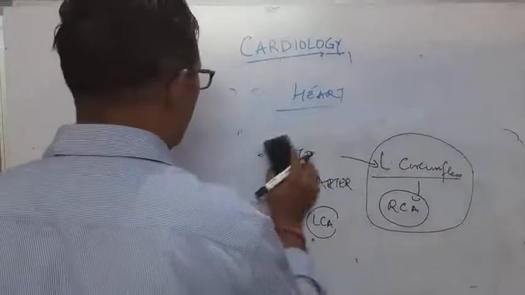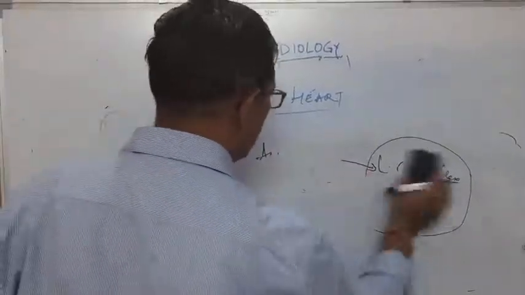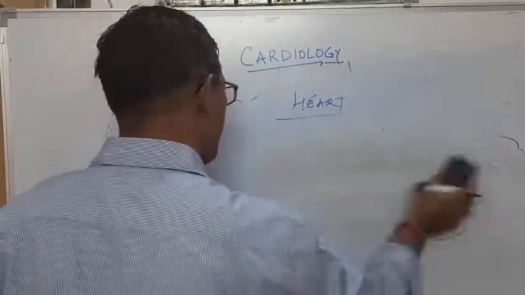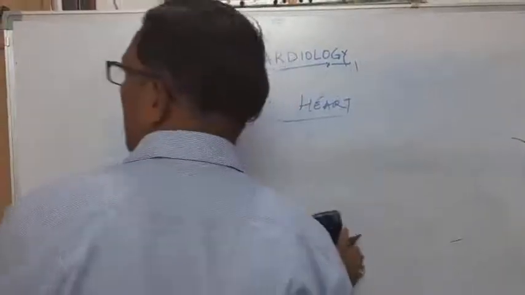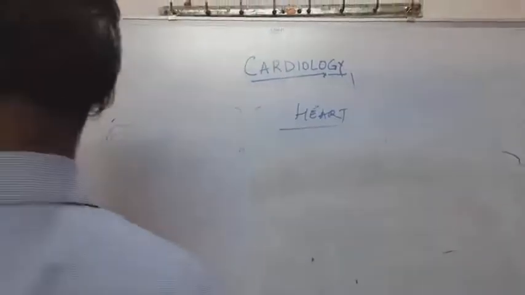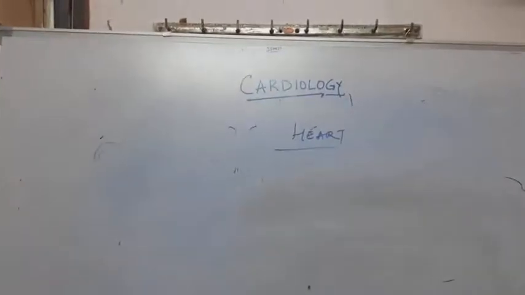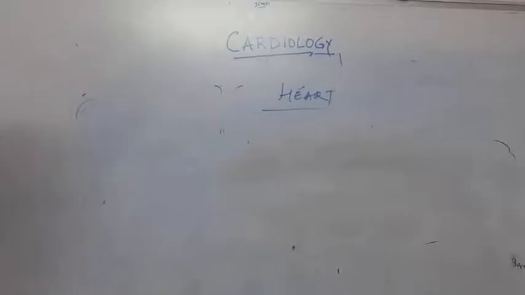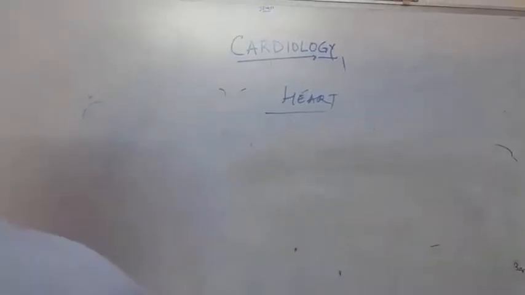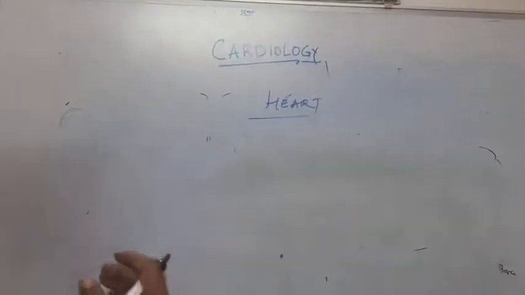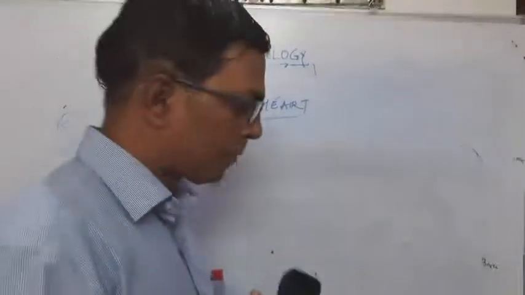Now we go into the further important portions with respect to the anatomy. Now we will understand where to palpate the portions of the heart, the important portions where you need to auscultate.